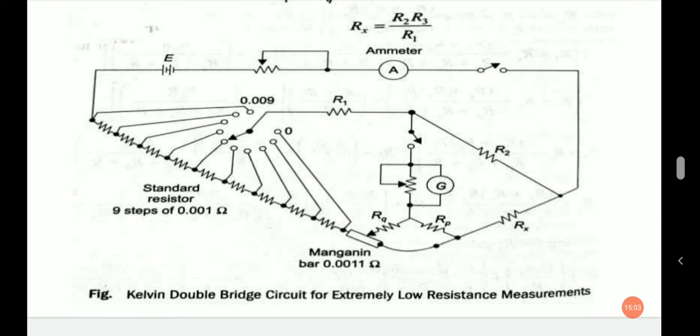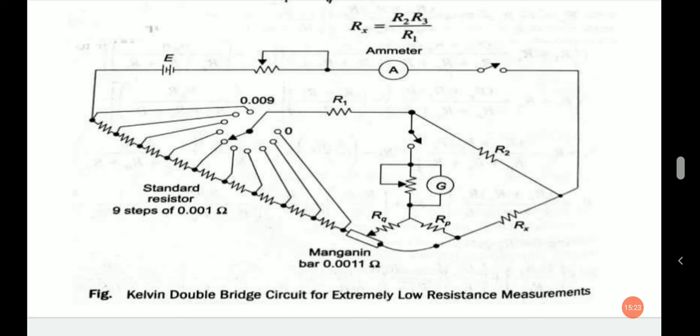In the figure, resistance R3 is represented by a standard variable resistance having a number of decade steps. This reduces the possibility of large errors that might be generated due to contact potential drops.